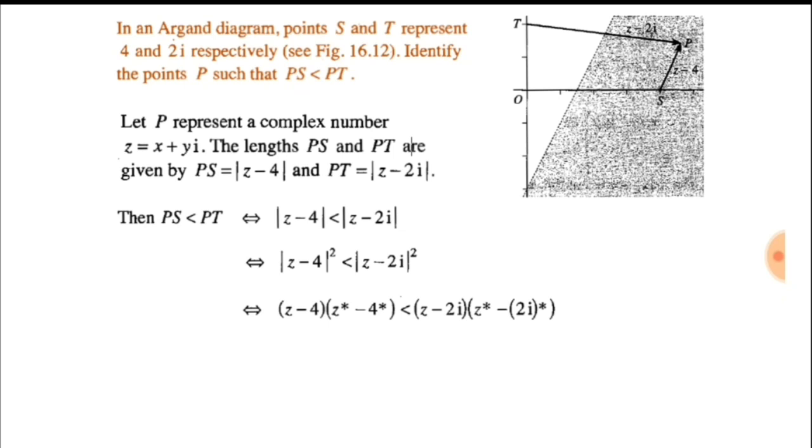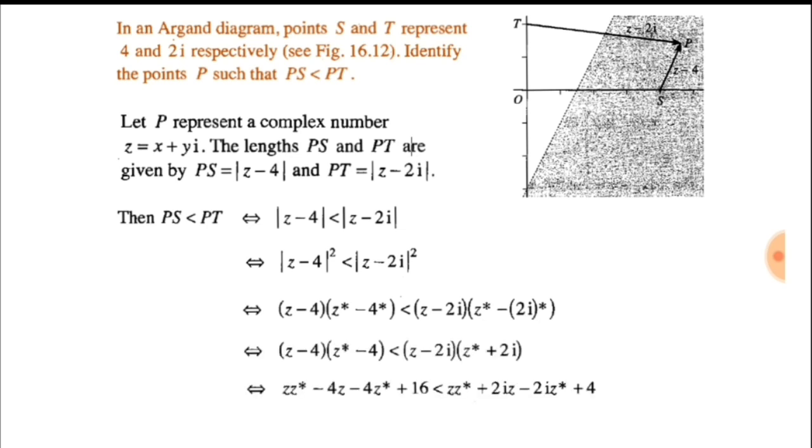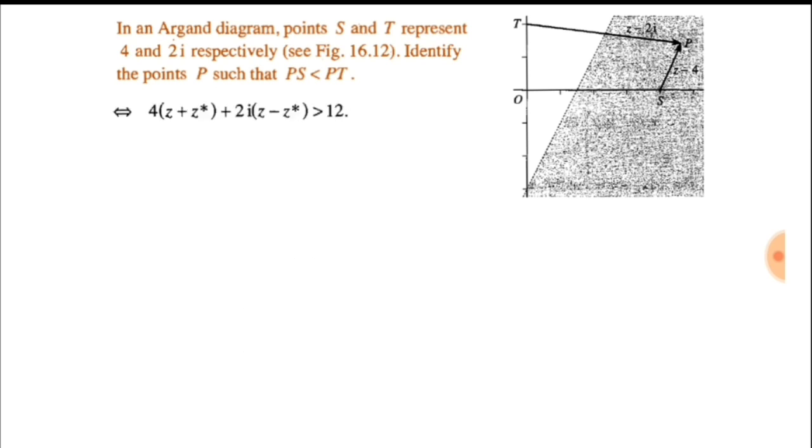Squaring on both sides and writing the conjugate pairs and simplifying, we get 4 times z plus z star plus 2i times z minus z star is greater than 12. We know that z plus z star is equal to 2x and z minus z star is equal to 2yi.